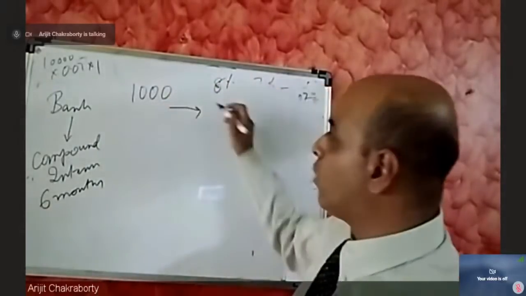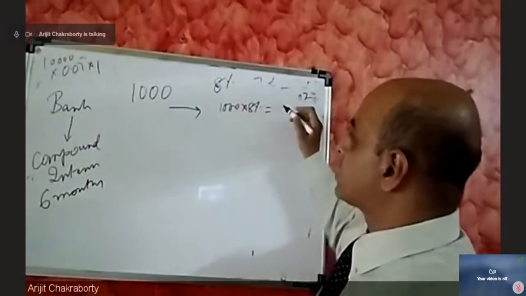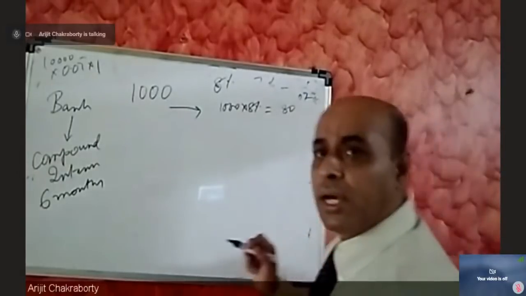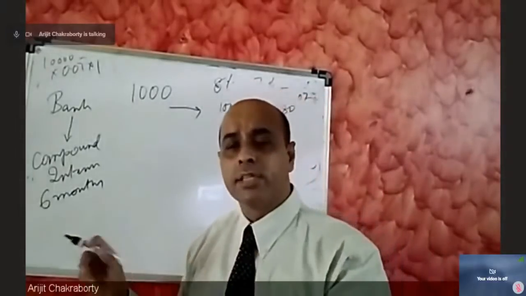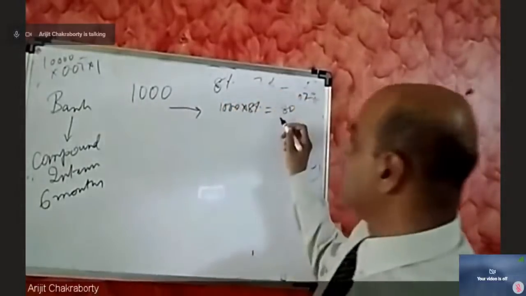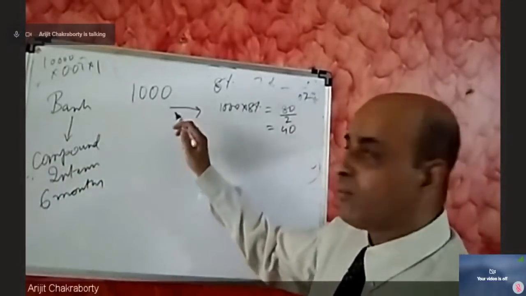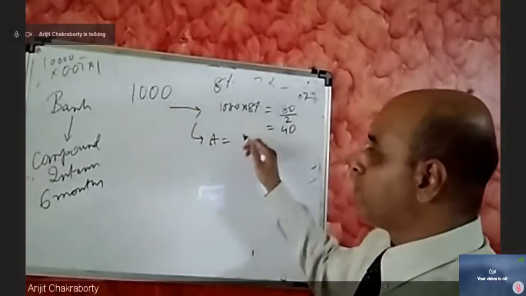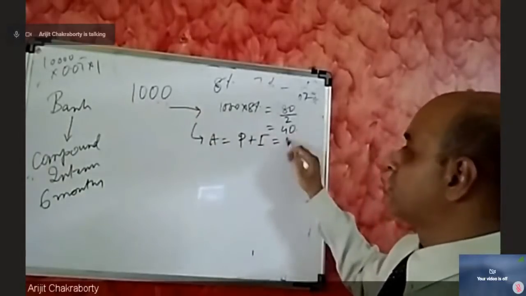That means in 1 year I should be getting 1,000 into 8%, which comes to 80 rupees. But since compounding will be done every 6 months, for the first 6 months I will be getting 50% of 80, that is 40 rupees. So at the end of 6 months, my accumulated balance is principal plus interest, P plus I, which is 1,040.